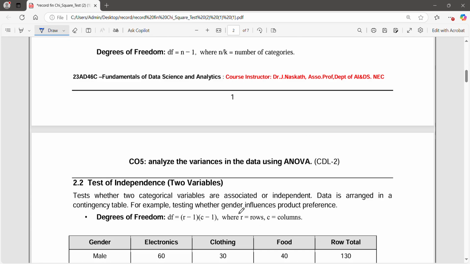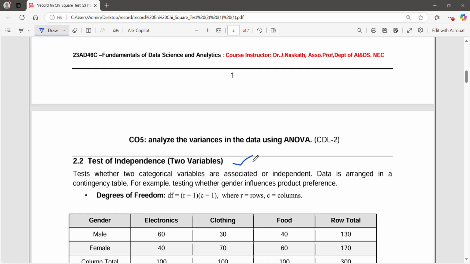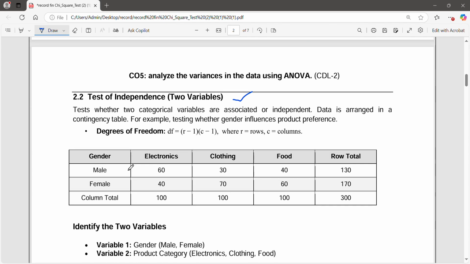Next, the test of independence. Here two variables are considered. It tests whether two categorical variables are associated or independent. That means whether the variables are independent, with no relationship between them, or dependent, meaning they have some relationship. These types of variables are considered under the test of independence.